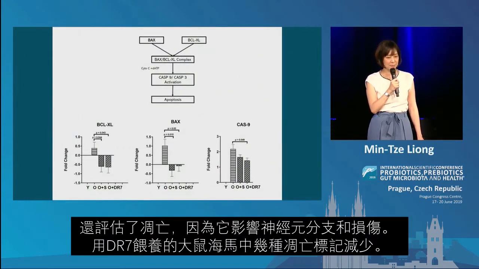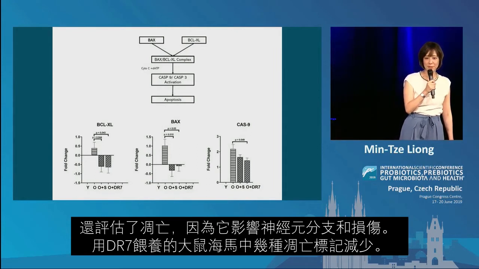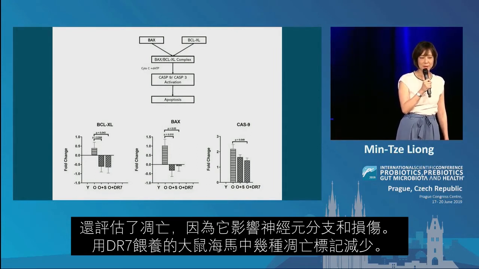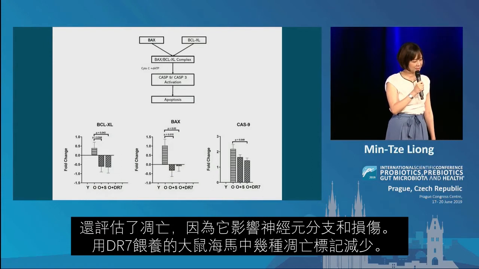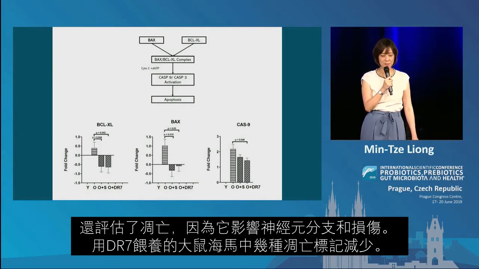We also look at some apoptotic parameters to look at the possibility of affecting neuronal branching and hippocampal DNA fragmentation, and we could see that some of them that are involved in apoptosis were actually reduced by Lactobacillus plantarum DR7.